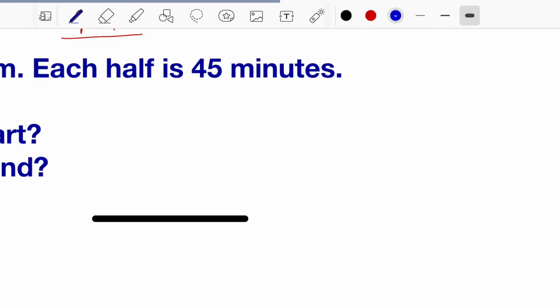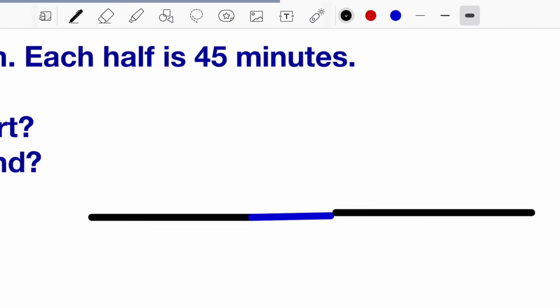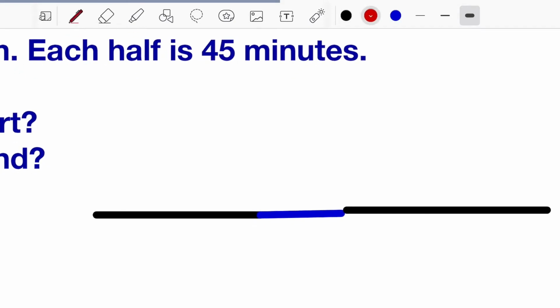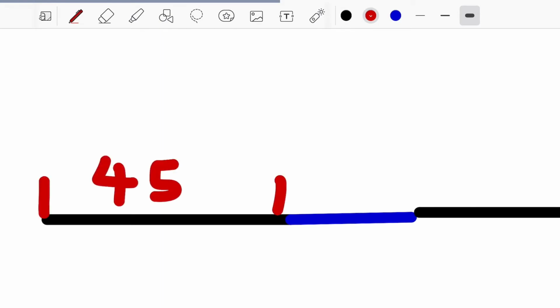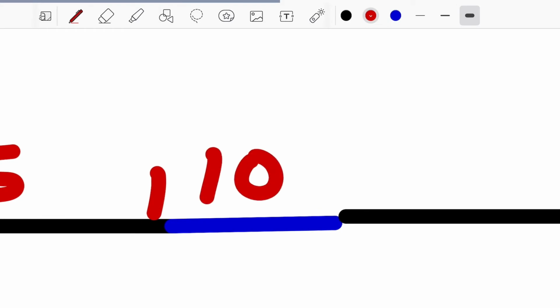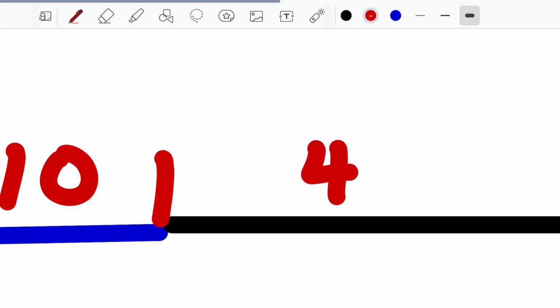Then we have a 10 minute break. Then we have the other half, which is 45 minutes. So from here to here, we have 45 minutes. Here we have 10 minutes. And here we have 45 minutes again.